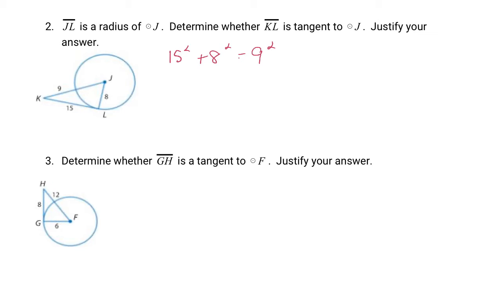We know that 15 squared is 225, and 8 squared is 64.